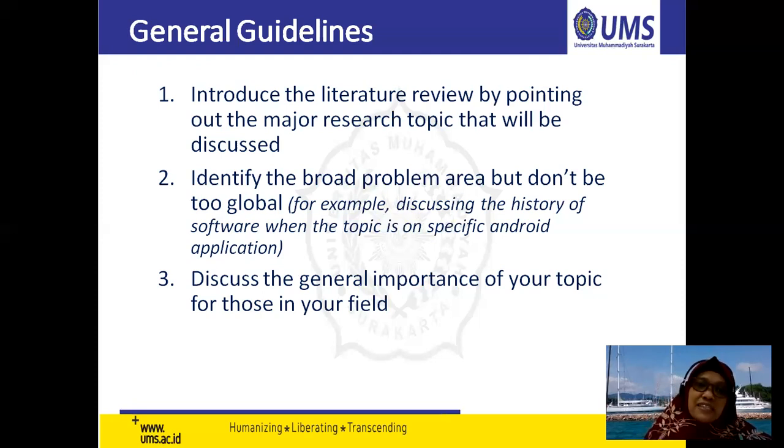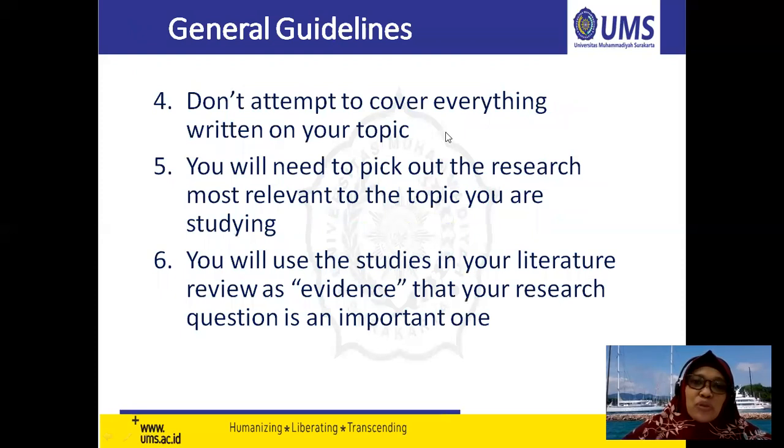The third is to discuss the general importance of your topic for those in your field. So we state the importance of our research. The next is don't attempt to cover everything written on your topic.